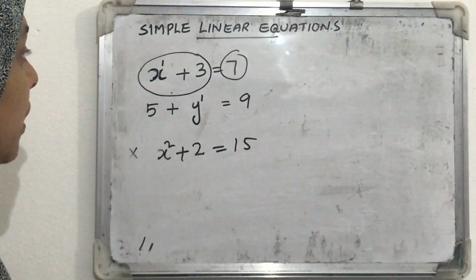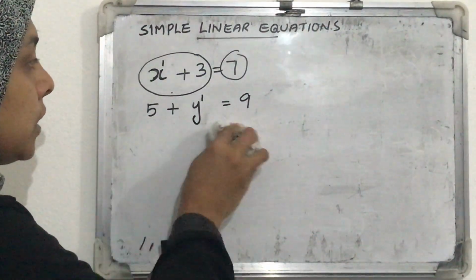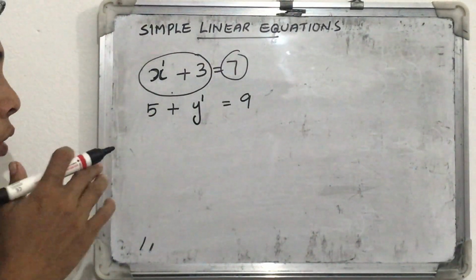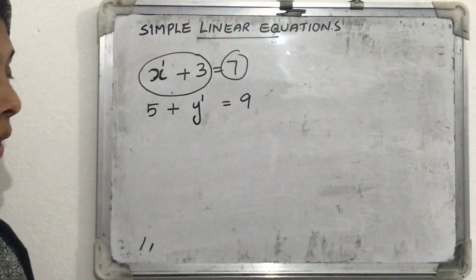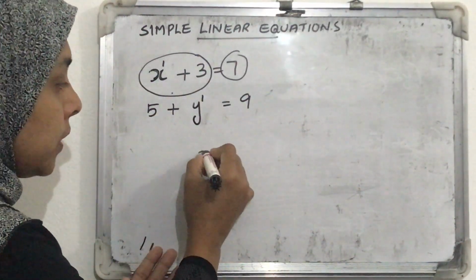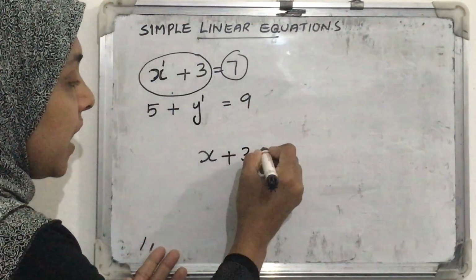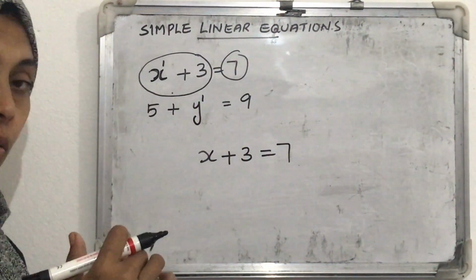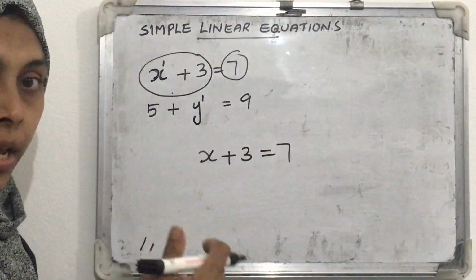Then how can we find the unknown value in a linear equation? Consider this question, x plus 3 equals 7. In an equation both sides should be equal.